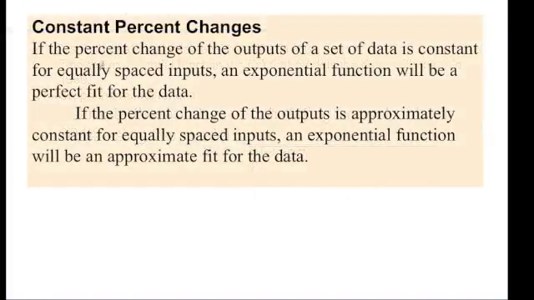Now, constant percent changes. If the percent change of the outputs in a set of data is constant for equally spaced inputs, an exponential function may be the perfect fit for the data. If the percent change is approximately constant for equally spaced inputs, an exponential function may be an approximate fit for the data.